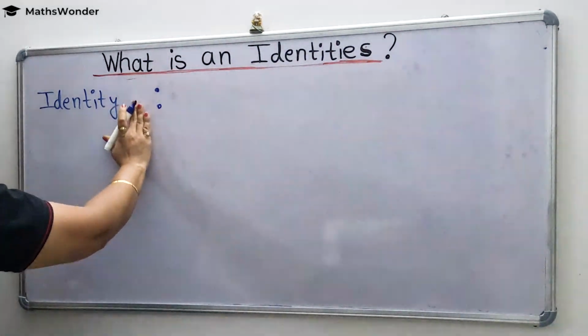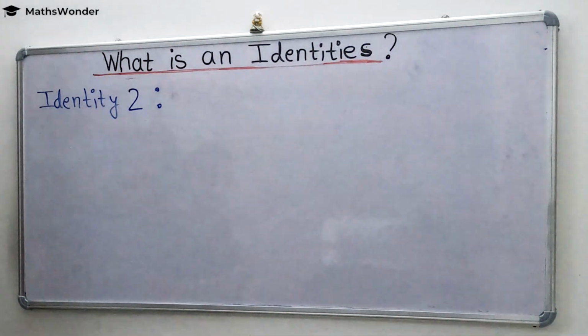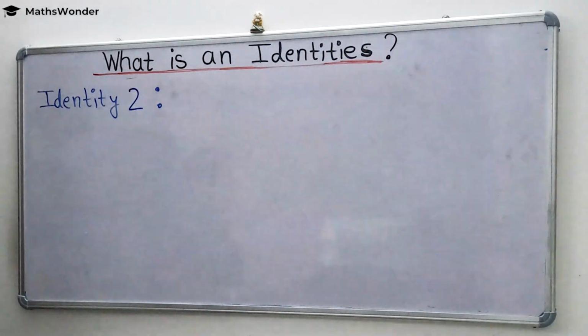So the identity number 1, you understood: a plus b whole square is equal to a square plus 2ab plus b square, right? So clearly this is an identity, since the expression on the right hand side is obtained from the left hand side by actual multiplication, right? So one may verify that for any value of a and any value of b, the values of the two sides are equal.